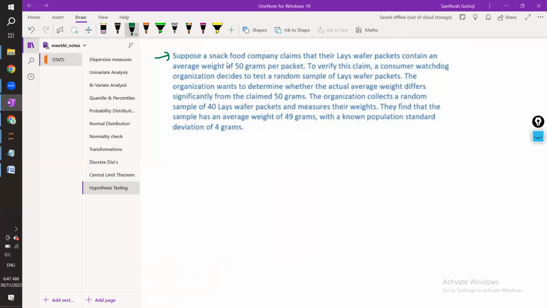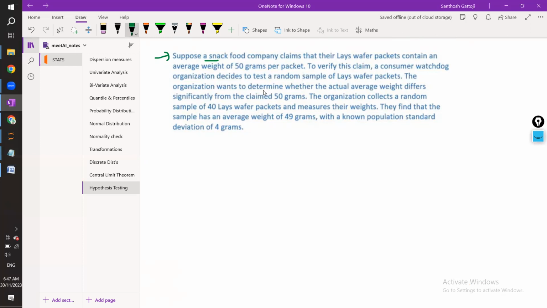Let's say a food snack company claims that their Lays wafers packets contain an average weight of 50 grams per packet. What they are saying, the wafer contains 50 grams per packet. To verify this claim, a consumer watchdog organization decides to test a random sample of Lays wafer packets.